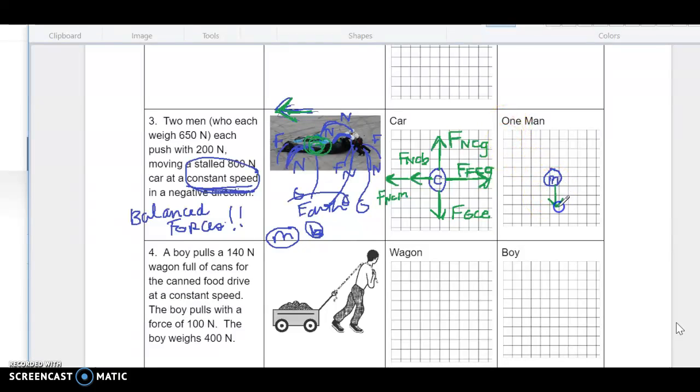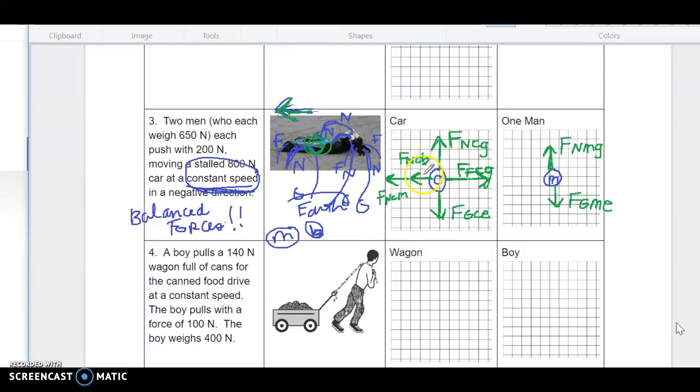Now let's look at one of the men. He's going to have his own force of gravity, force of gravity, man, Earth. And he's also pushed up by the ground, force normal, man, ground. Now, the man feels a force from the car.